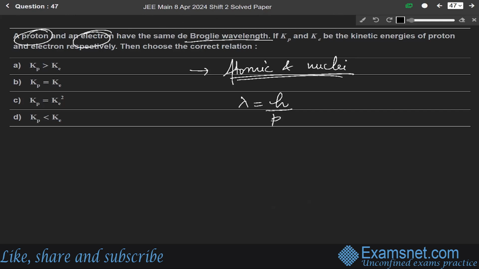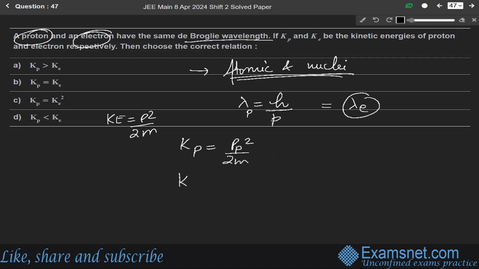According to the question, lambda of proton is equal to lambda of electron. If Kp and Ke be the kinetic energies of the proton and electron respectively, we know that kinetic energy is p square over 2m, means it is related to the momentum by p square by 2m. So Kp of proton will be Pp square by 2m, and Ke of electron is Pe square over 2m.